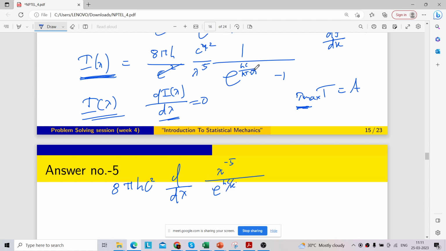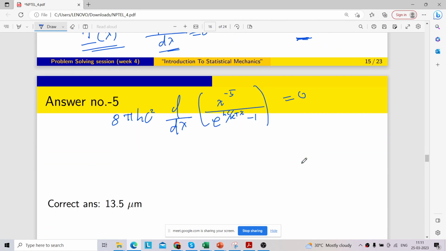Oh, sorry, this is lambda. So I have to do the derivative, then I have to equate it to 0.